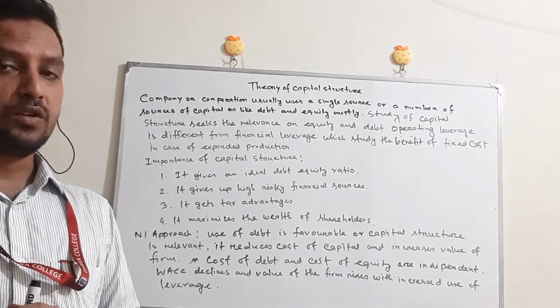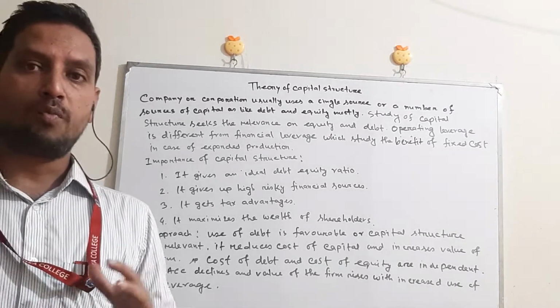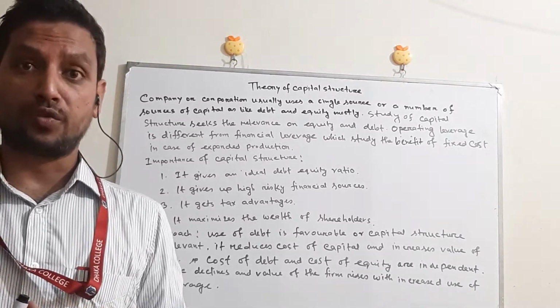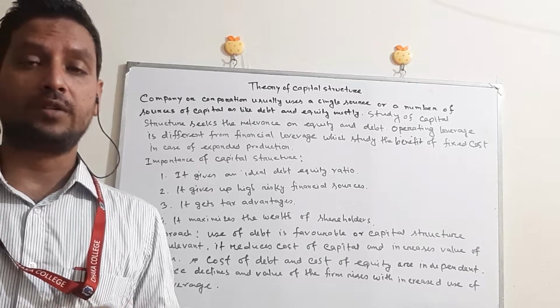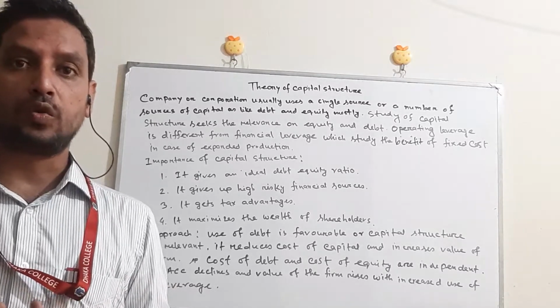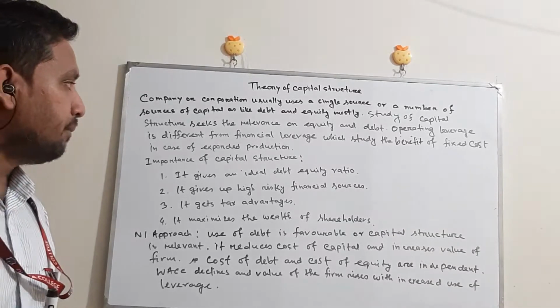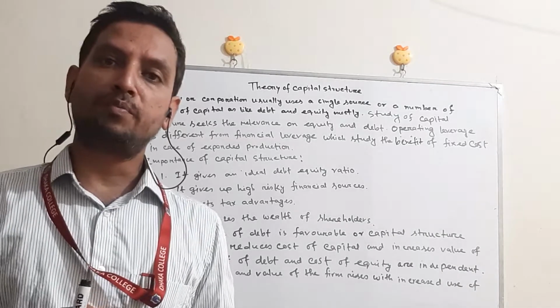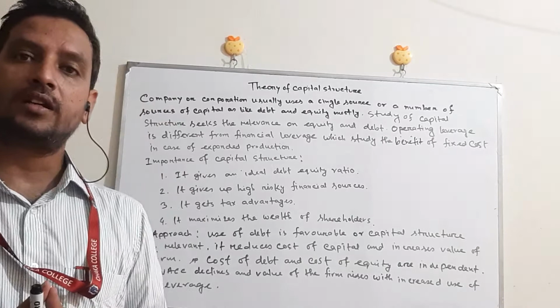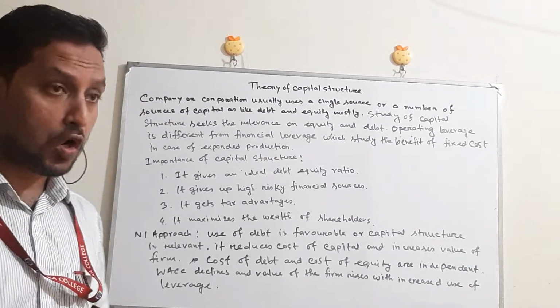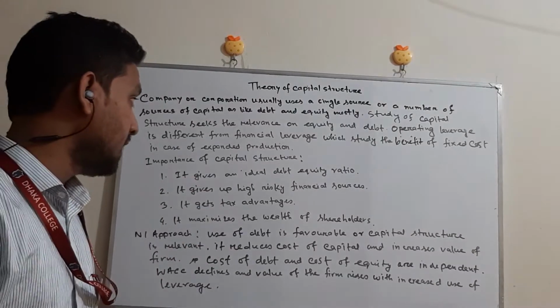Why? Because we know how much debt is used in a corporation. Say the ratio is 80 to 20: a corporation may use 80 lakh taka of debt or 20 lakh taka of stock or common shares.